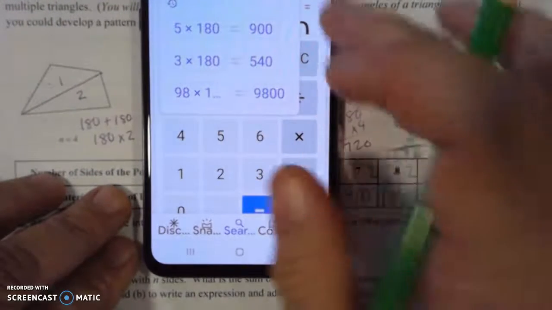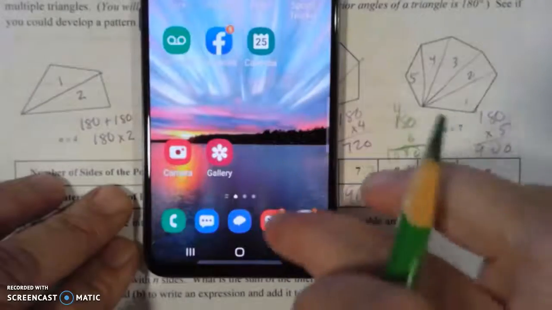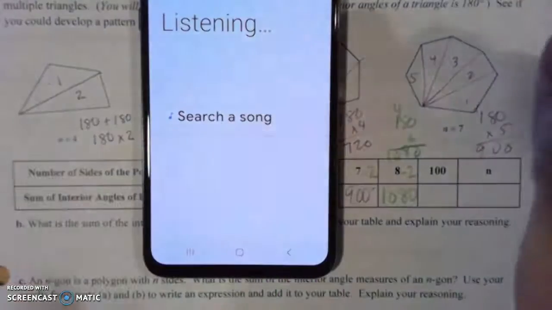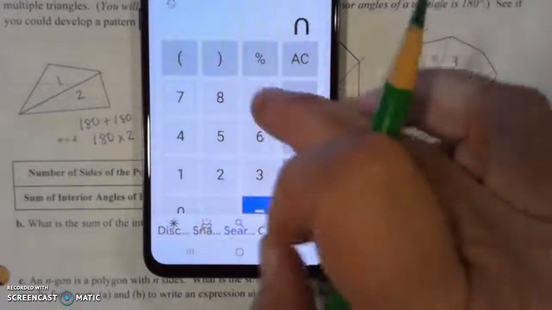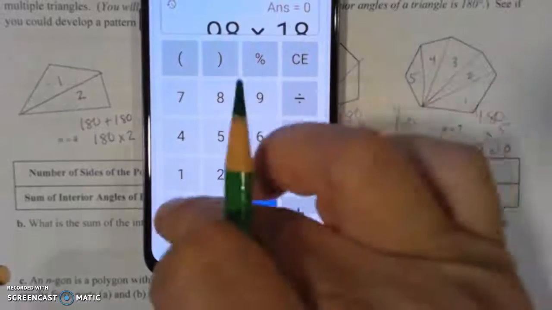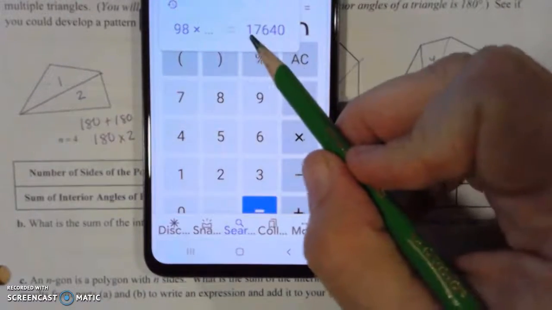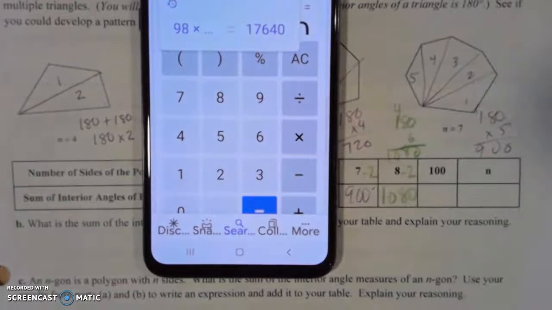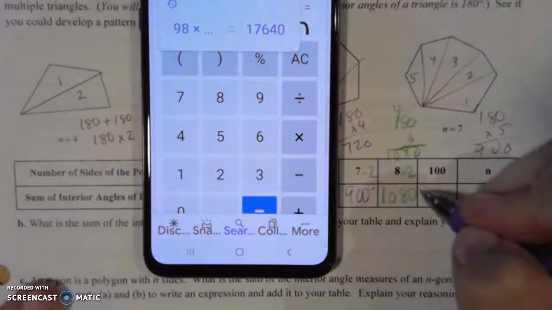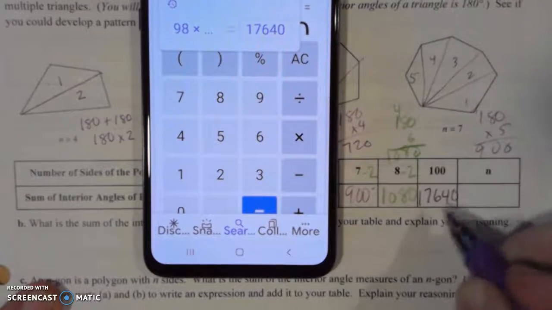No, wait, not times 100, times 180. Hold on, calculator. Okay, 98 times 180 equals 17,640.